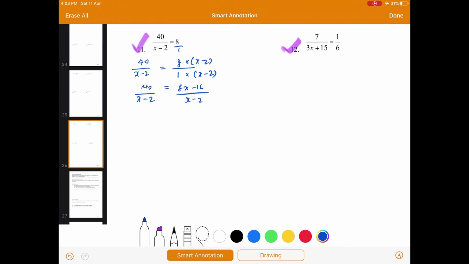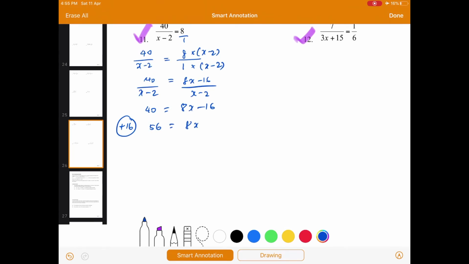So this implies that the numerators are equivalent. Next step, I can add 16 on both sides. So I will have 56 is equivalent to 8x. Then I can divide both sides by 8. So on the left hand side, I will have 7 equivalent to x.